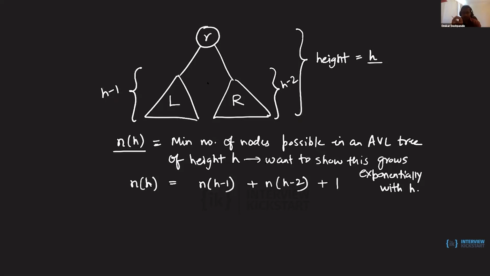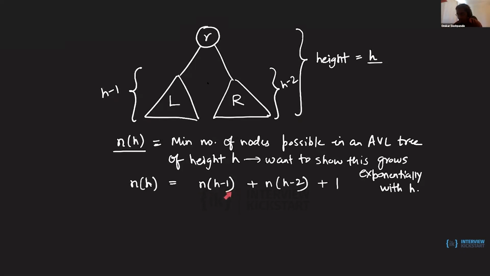Any subproblem that you see inside it must have an optimal substructure also. In a similar way, this left subtree, or it could be the right subtree, one of the two subtrees must have a height of h minus 1, and the number of nodes in that subtree must already be the smallest number possible with that height.